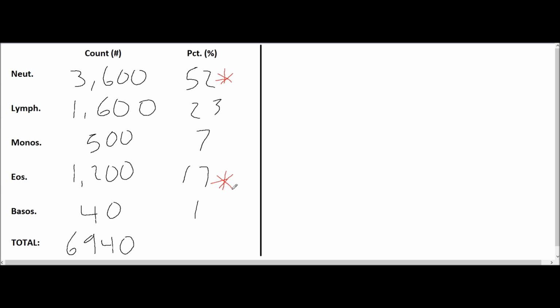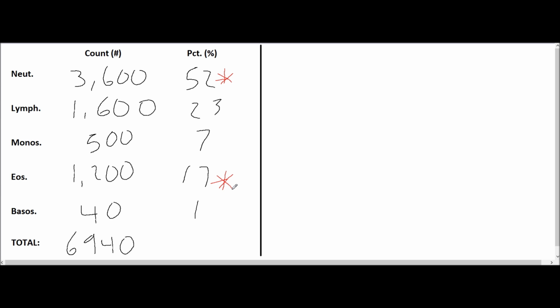So if you were going to look at a patient's lab results, you would see that the neutrophils and eosinophils would be flagged because the percentage for neutrophils was low and for eosinophils was high. And it's considerably high for eosinophils. Remember that the normal neutrophil percentage is approximately 55 to 70%, somewhere in there. And again, the source for any lab values does change somewhat from lab to lab. Not largely, but in some ways it will.